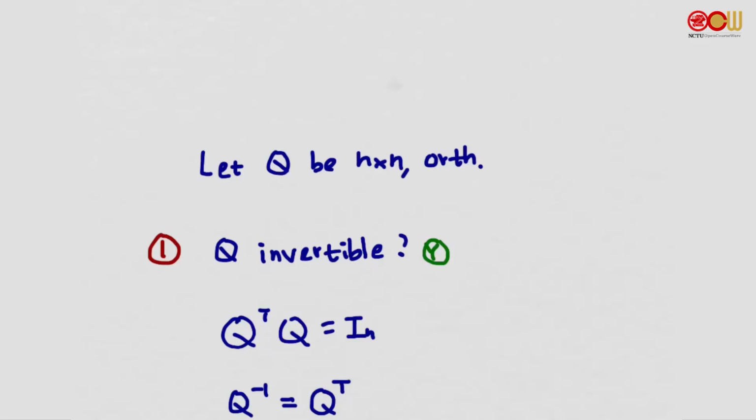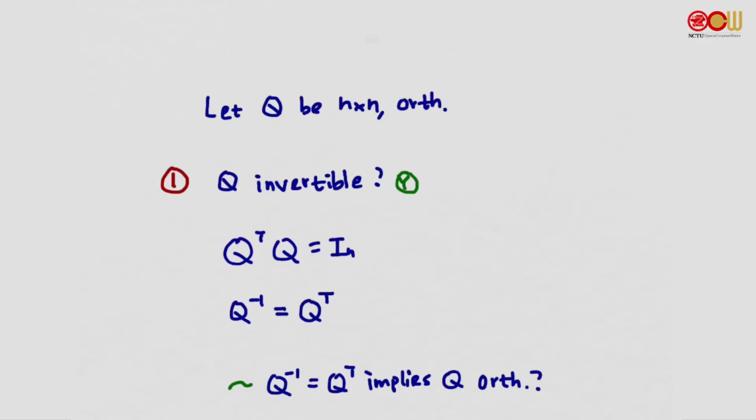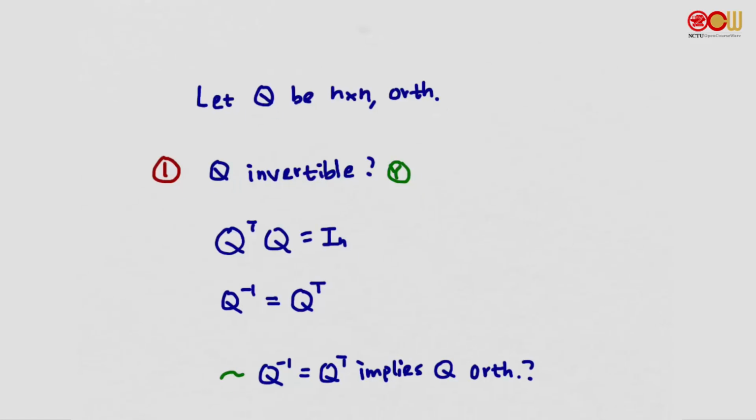It's so much easier. Now suppose I tell you I have a matrix whose inverse is its transpose. Does it imply Q is orthogonal? If Q inverse is Q transpose, that will mean Q transpose Q is the identity matrix.